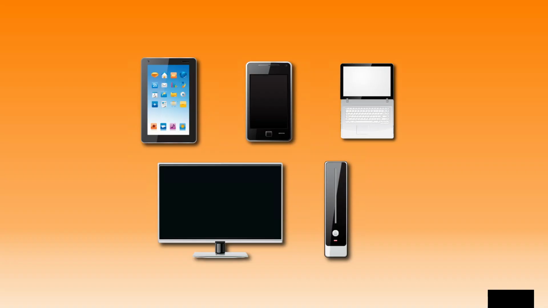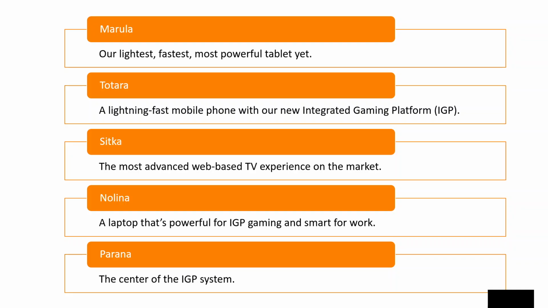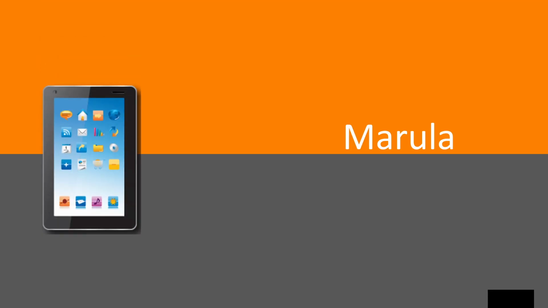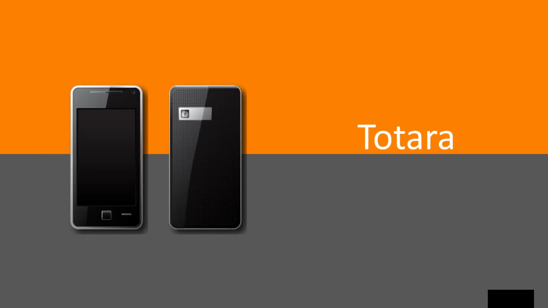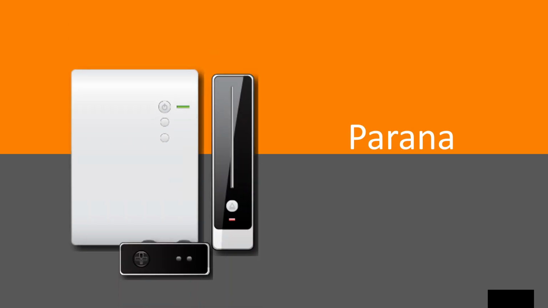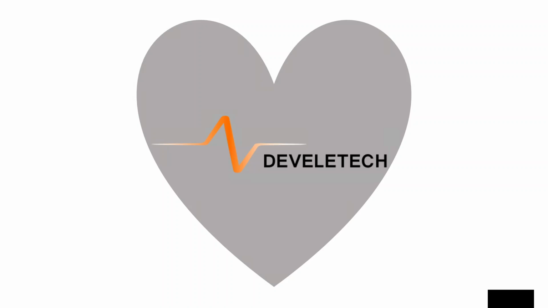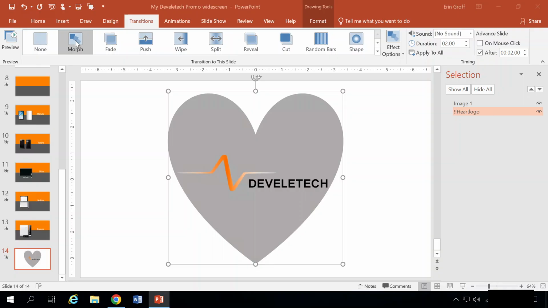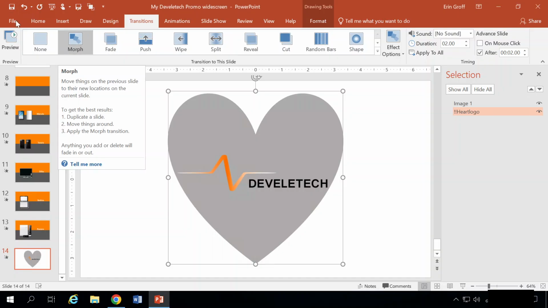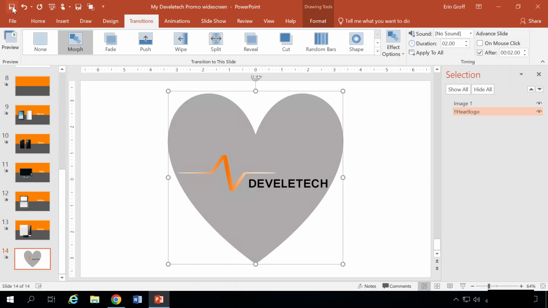Then our product slides will play out. And there, that bottom rectangle morphs into our gray heart for Developtex. All right, I'm going to go up to my quick access toolbar and save my updates, and we can leave this open for our next activity.